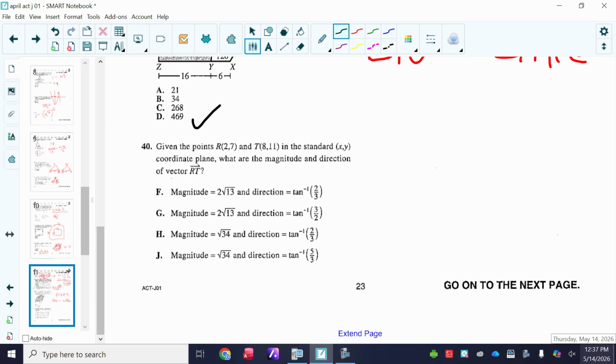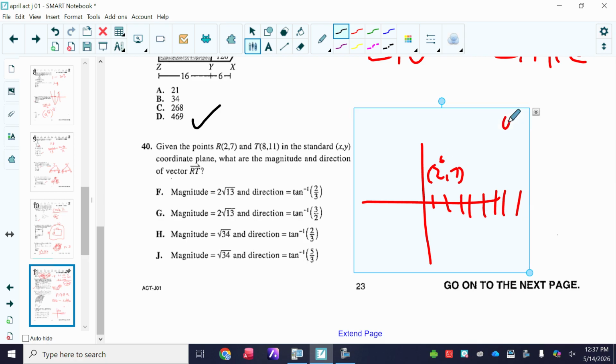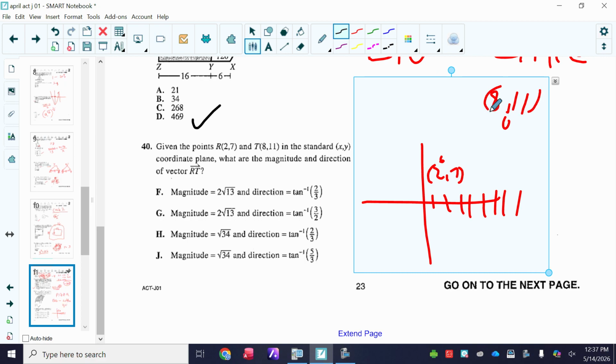Distance formula, it'll give you the magnitude. One place is 2,7, the other place is 8,11, so the magnitude's going to be that distance. All of this can be handled by right triangle. I prefer the distance formula. It's 6 squared plus 4 squared is 52, so it's 2 root 13.